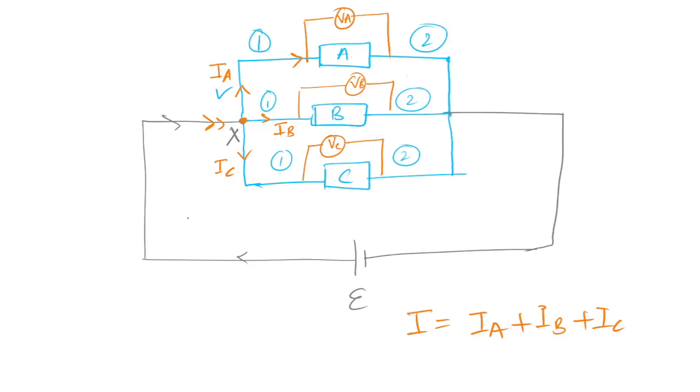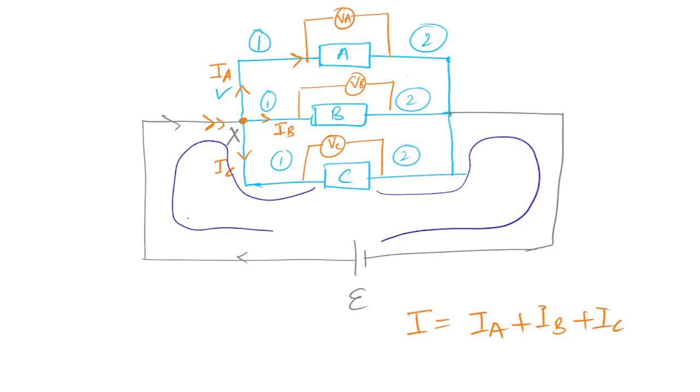But the thing is, just do the analysis of this circuit carefully, and you will find resistor C is directly connected with the power supply here, like this. When resistor C is directly connected with the power supply, it should get maximum EMF.